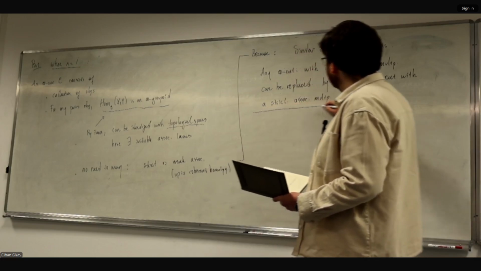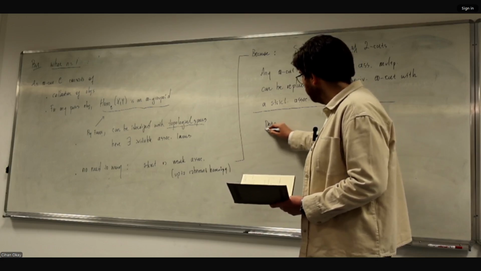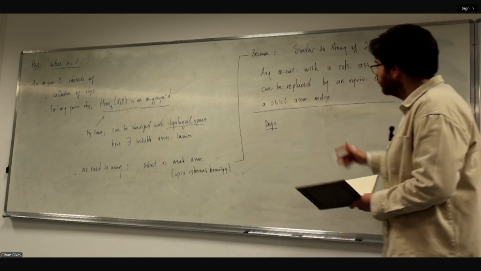So therefore we end up with the following two definitions. First, the definition of a topological category.